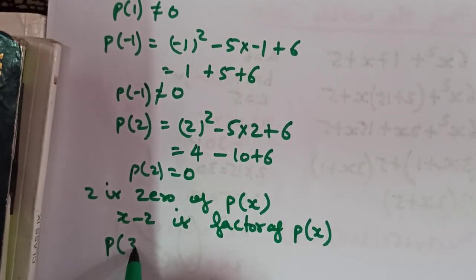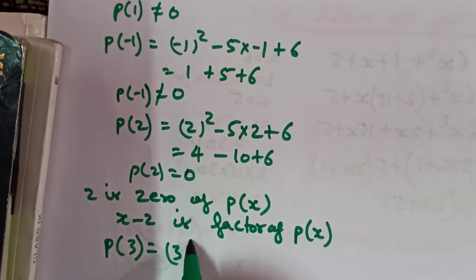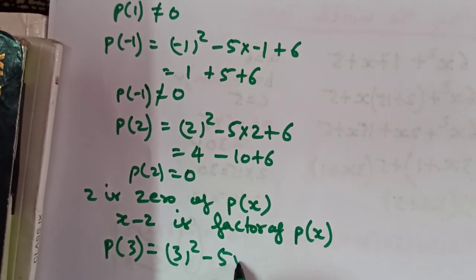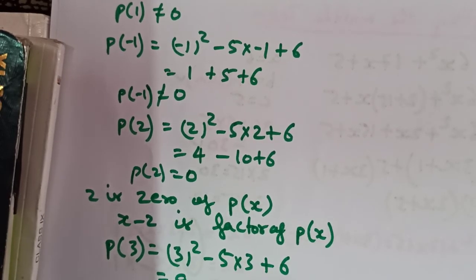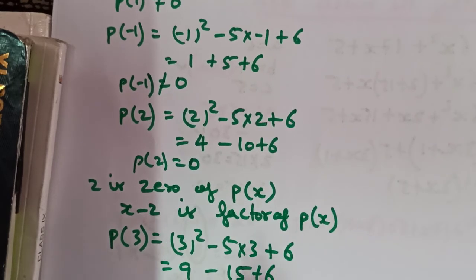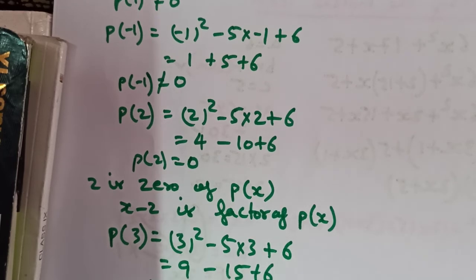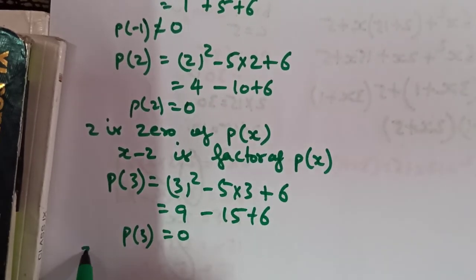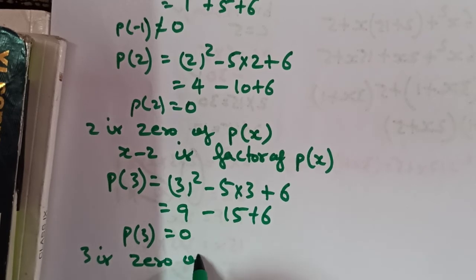So if we calculate p(3), then p(3) will be equal to 3 square minus 5 times 3 plus 6. So 3 square is 9 minus 15 plus 6. 9 plus 6 is 15 minus 15 equals 0. Yes, that means p(3) equals 0. That is, 3 is the zero of polynomial p(x).